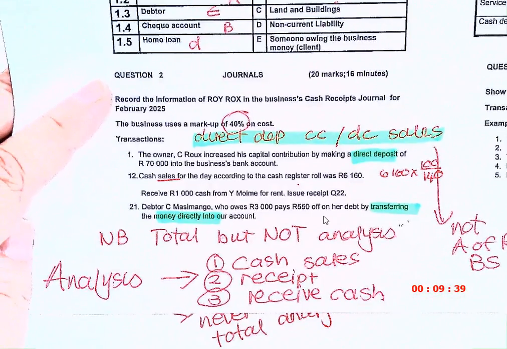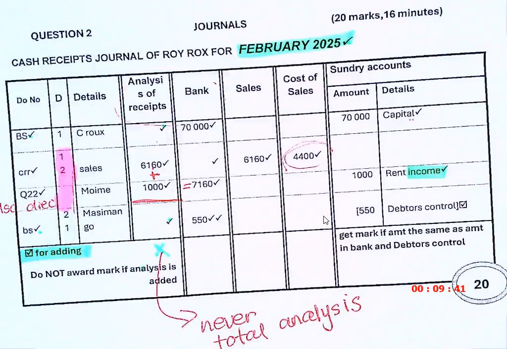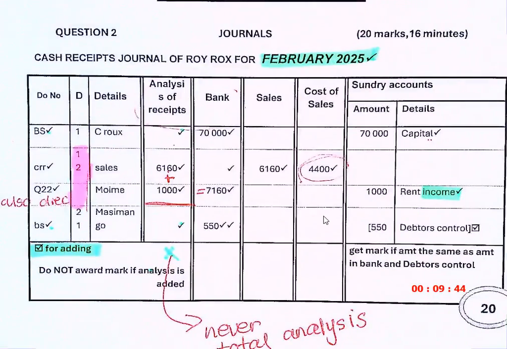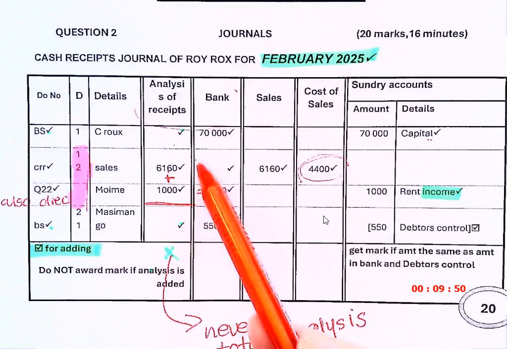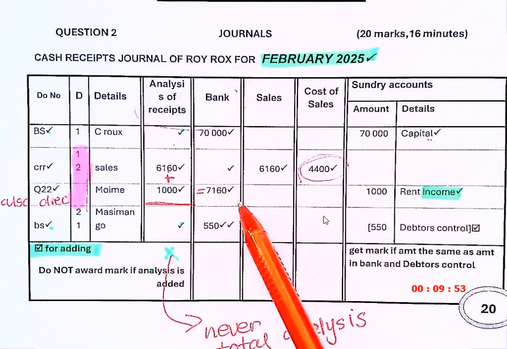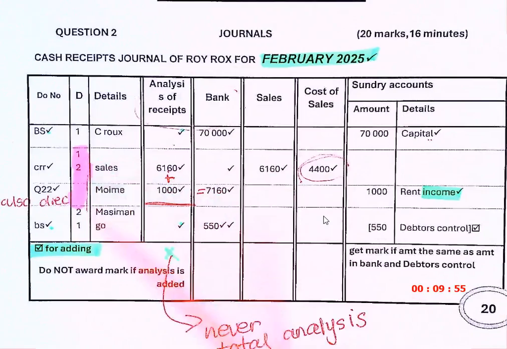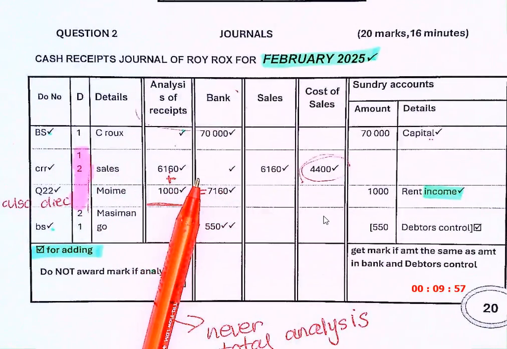Now the thing with analysis is you only go to the bank once a day. So you literally take all the money you received and take it to the bank once. If I had 7 different transactions all happening on that day, and every time it's cash that I receive, it means all 7 will not have a bank. I will add all of them together with the 7th one and then go to the bank.